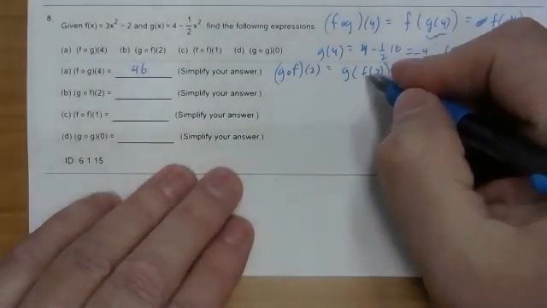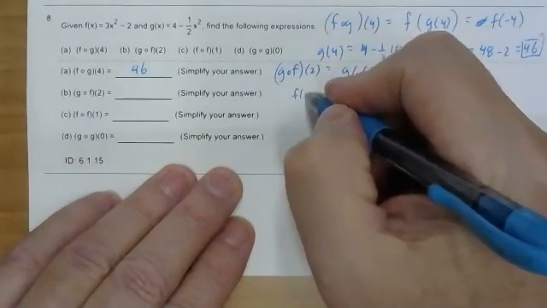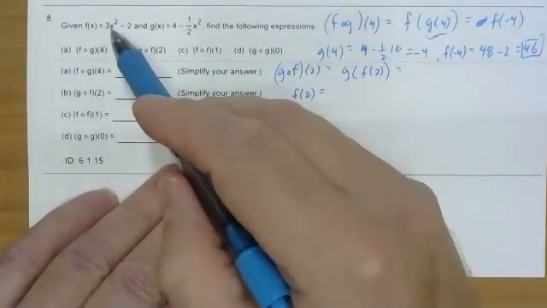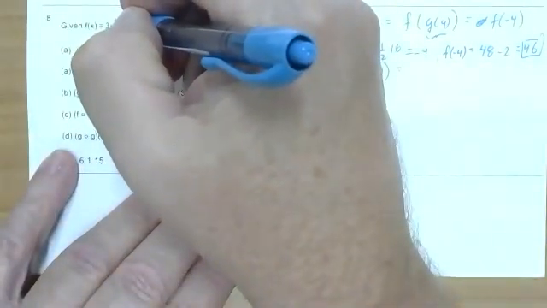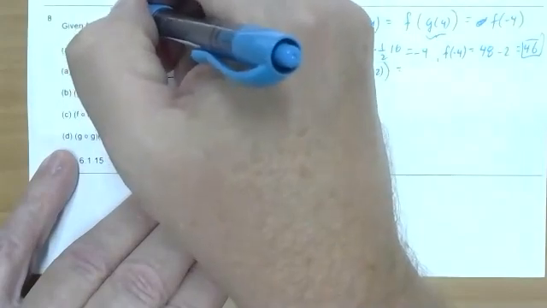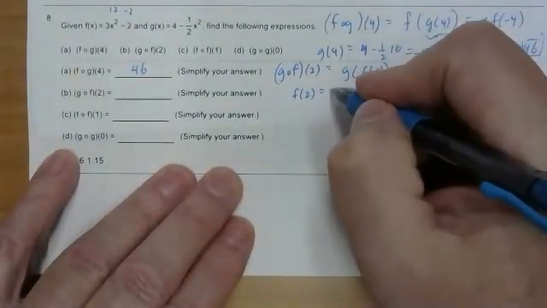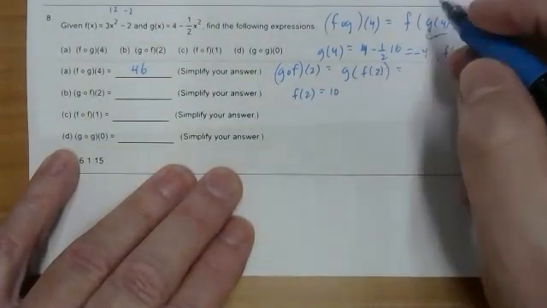So what that says is, let me go find f of 2, which means I go to the f function and I plug in 2. So if I plug in 2 to the f function, let me do it up here. 2 squared is 4, 4 times 3 is 12. Looks like 10. If f of 2 is 10, and that goes in here.